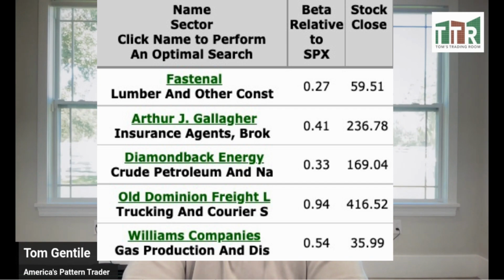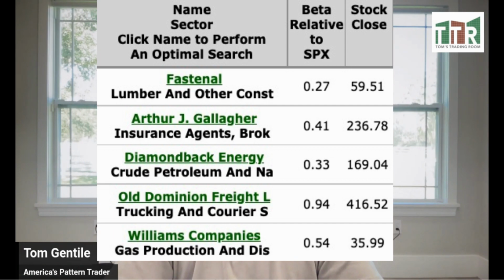They had a crossover that occurred just above 169. Old Dominion Freight comes in at number 4, a $416 stock in the trucking industry, just had a crossover. And to round out the final 5, Williams Companies, $35.99, a gas production and distribution company.